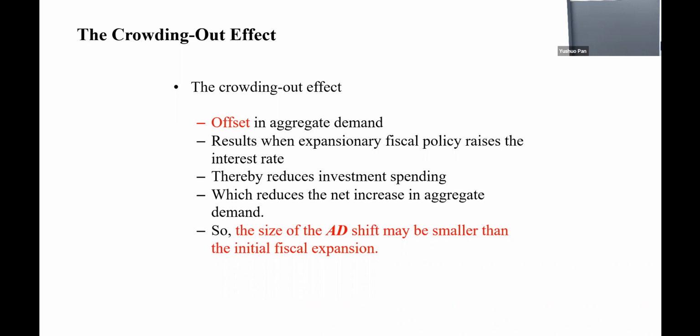If the government wants to collect more money, no matter whether by borrowing, issuing bonds or whatever, that will raise the interest rate, thereby reducing investment spending, which reduces the net increase in aggregate demand. So that's the opposite direction compared with the multiplier effect. So the size of the AD shift may be smaller than the initial fiscal expansion.